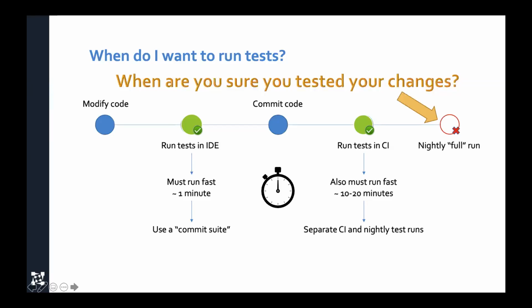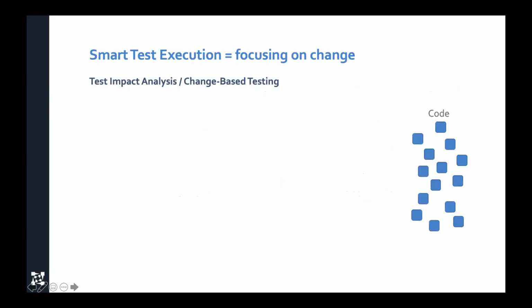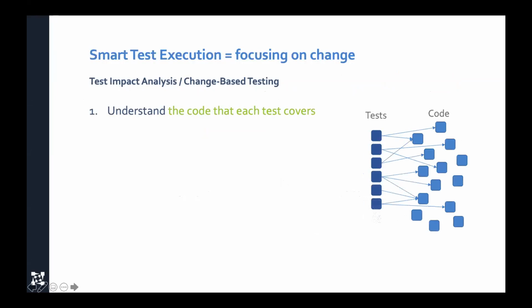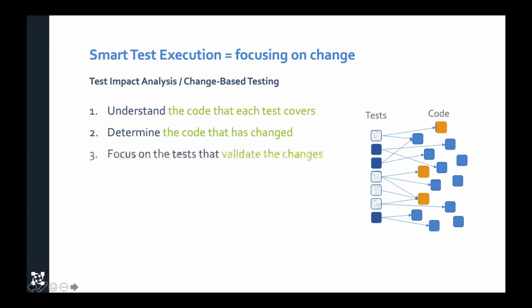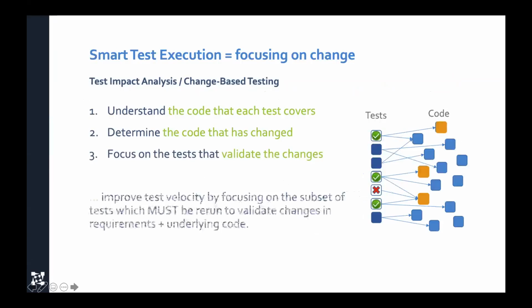So there is a better way to do this, and it's to leverage the code coverage that you're capturing during your unit test execution, and use that code coverage to understand what parts of the code base a particular test is touching, then determine which parts of the code are actually changing, and use that intersection to focus on executing just the subset of tests that are required to validate the changes that you're making right there within your IDE.